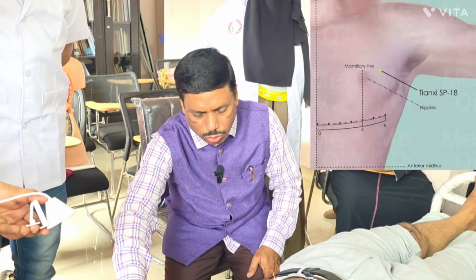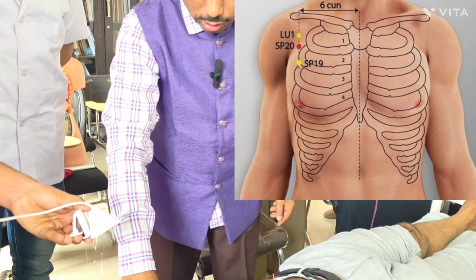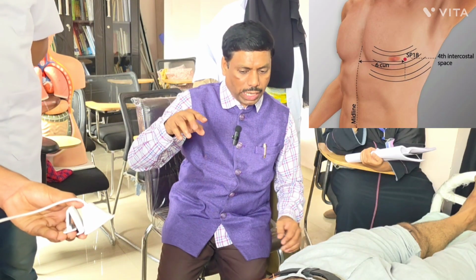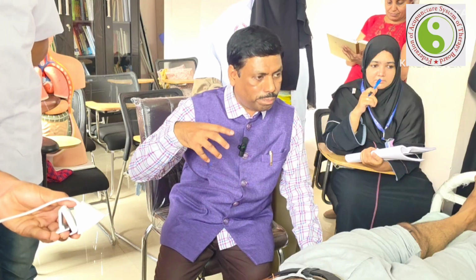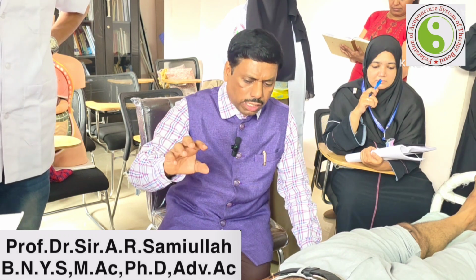Now Spleen 18, then 19, 20. So breast and which problem, sir? Spleen 18 is for breast problems, that means any breast related disorders, a lump or cyst or any swelling, or underdeveloped or overdeveloped breast. All local conditions we can use it for.